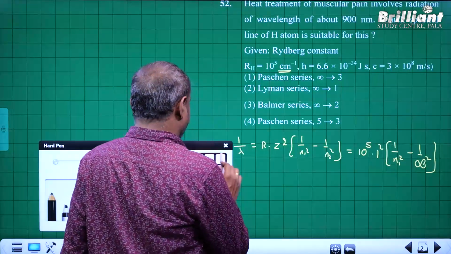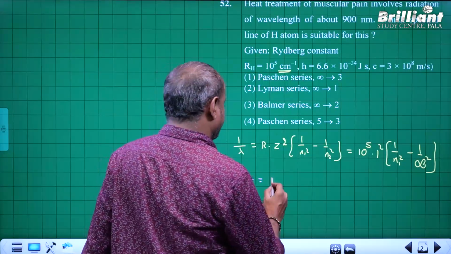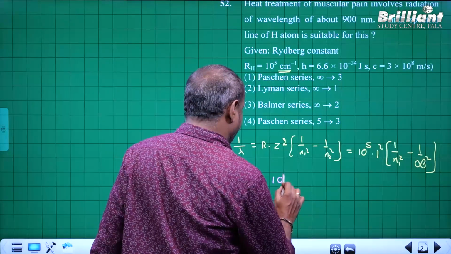Okay. So, 1 by lambda is equal to 10 raised to 5.